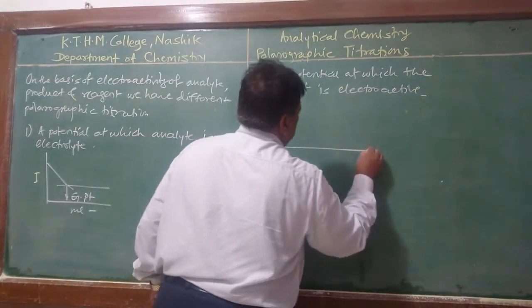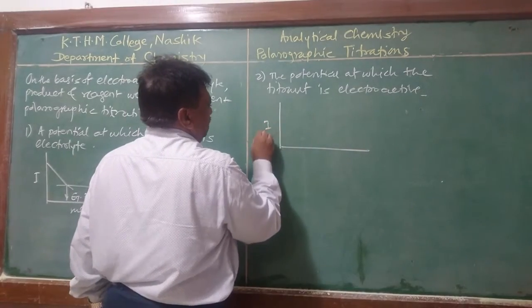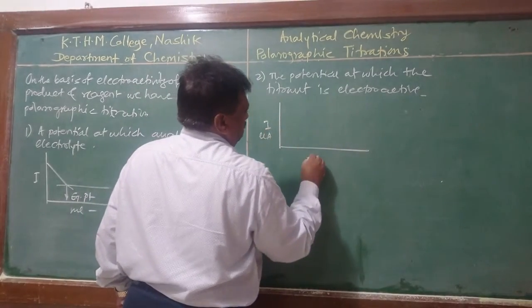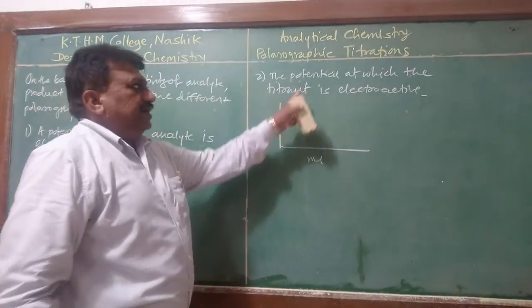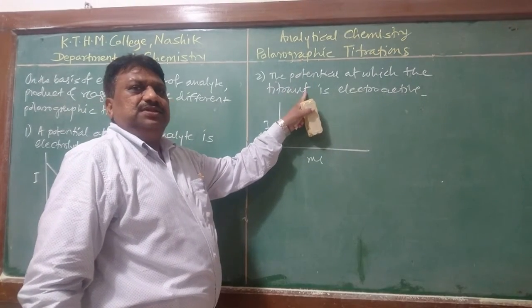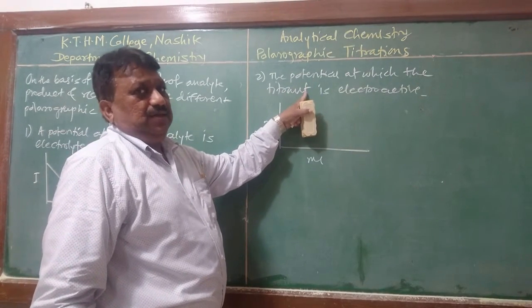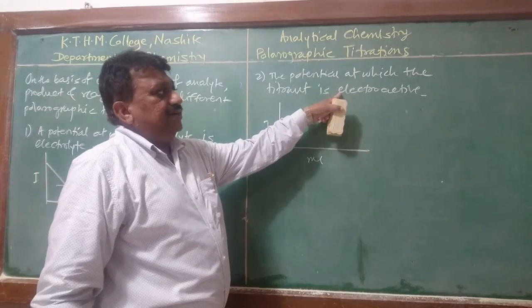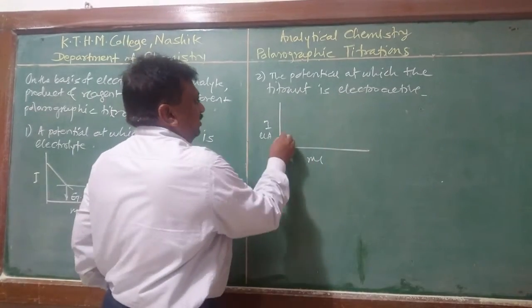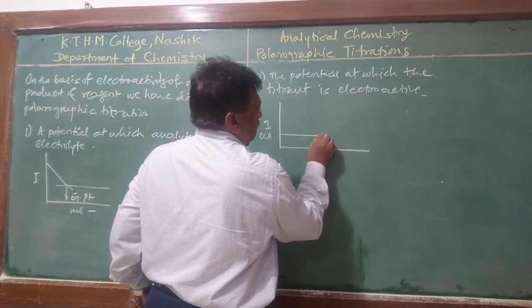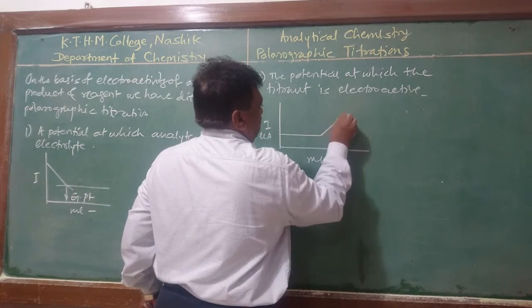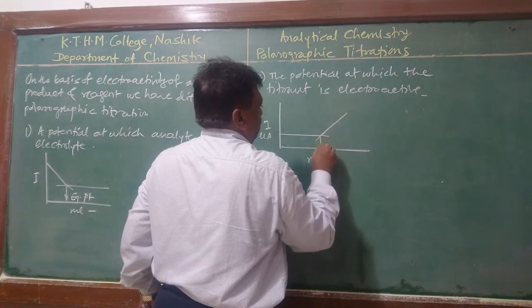Initially, when the titrant reacts with the analyte, there is no diffusion current. But excess addition of titrant gives the diffusion current. That means before the equivalence point, the current is constant, and after that it increases.